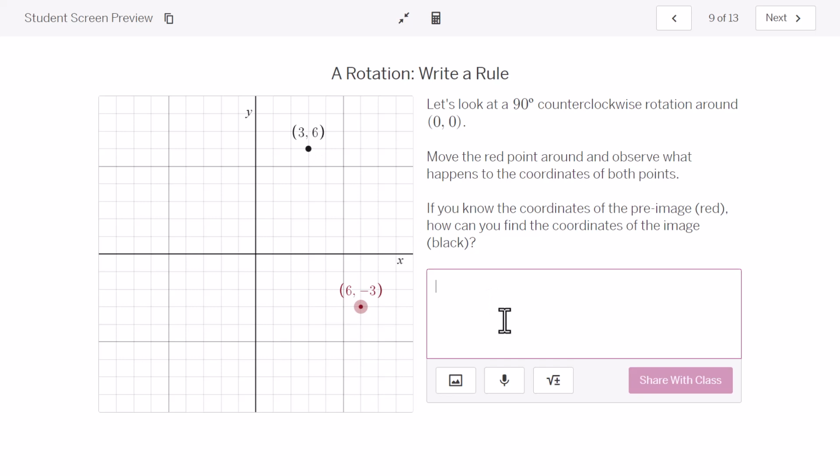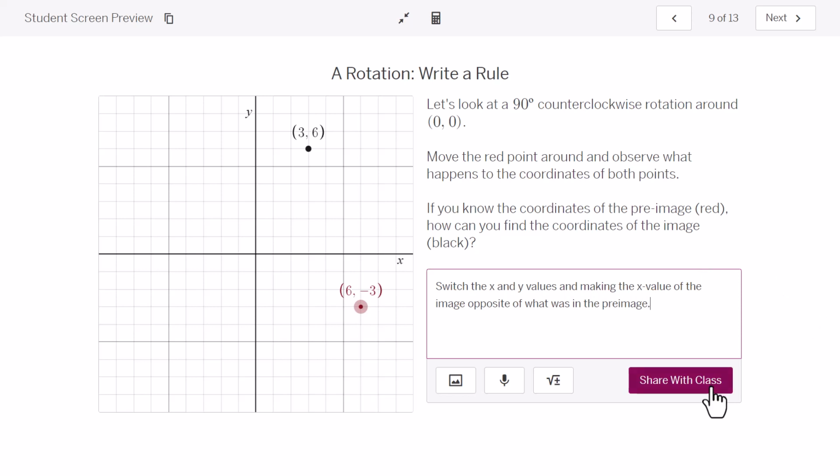If I know the coordinates of the pre-image, I can find the coordinates of the image, a 90-degree counterclockwise rotation, by switching the x and y values and making the x value of the image opposite of what it was in the pre-image.